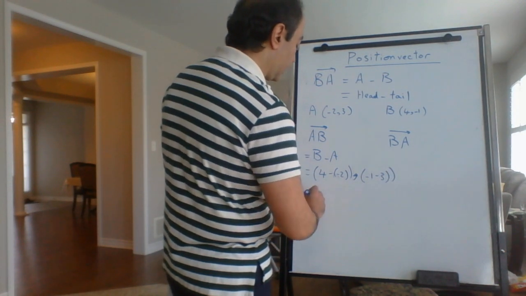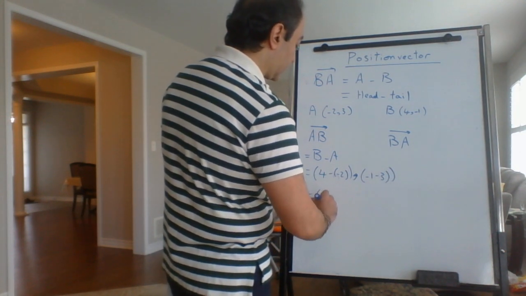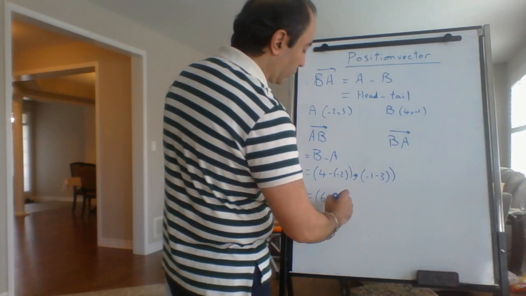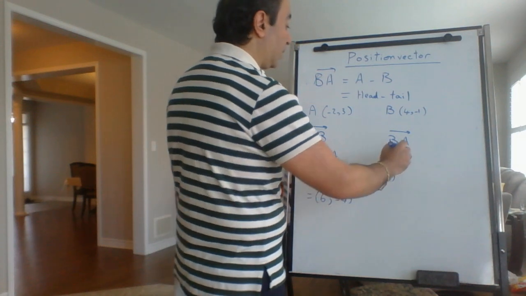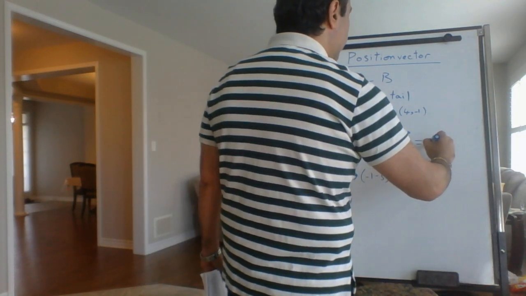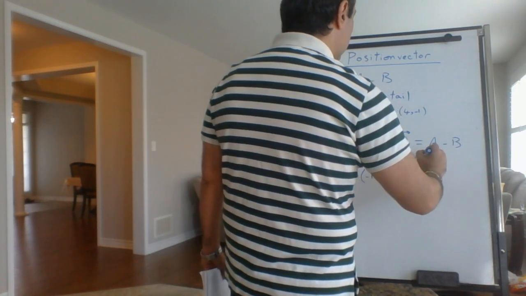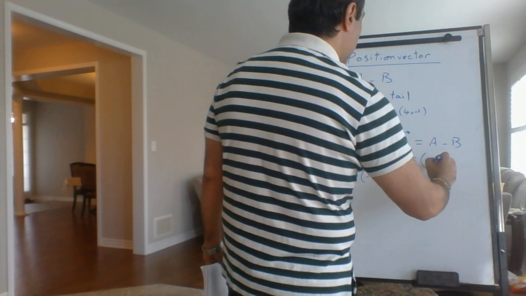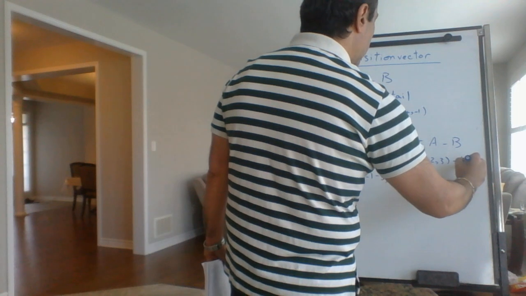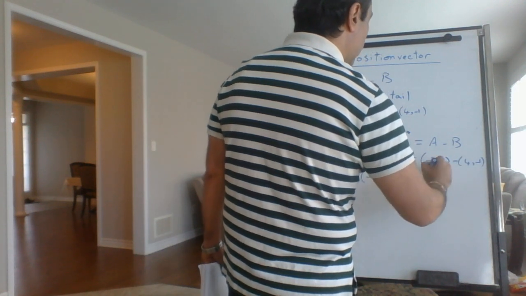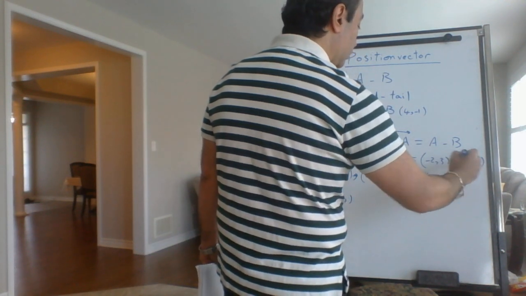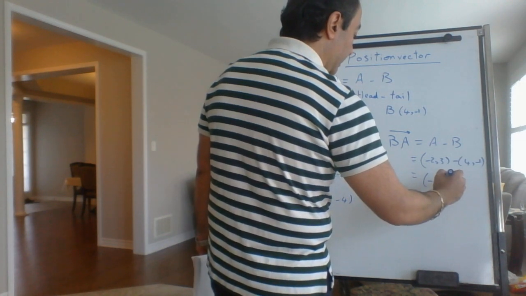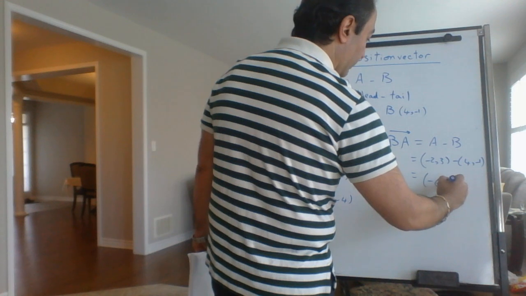So the coordinates here will be 6, comma, -4. For BA, that will be A minus B. So I will subtract -2, comma, 3 minus 4 and -1. So -2 minus 4 is -6, and 3 minus -1 is 4.